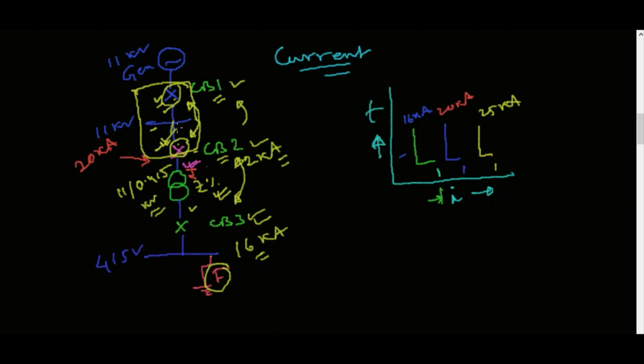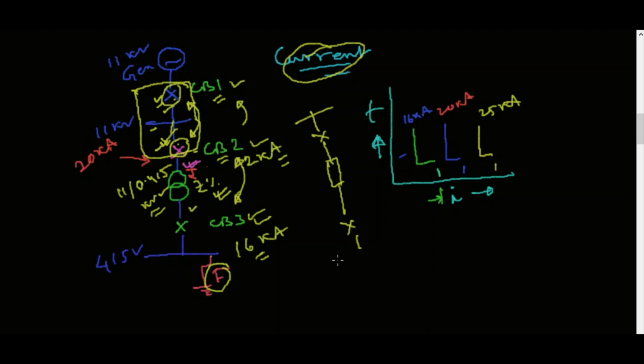So it is not possible to discriminate by current, because the fault current will be almost the same here and here. That means we cannot provide proper coordination by this current discrimination method.